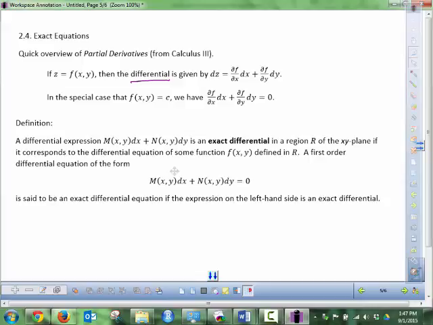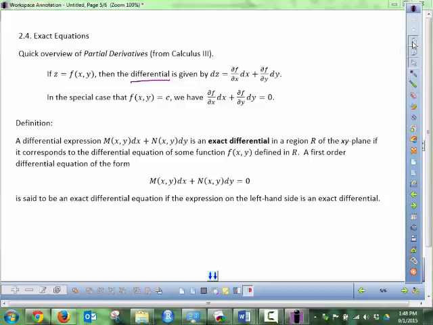Okay, so there's another piece of information though that's important, in that in order to try to solve for this, we need more information about the two functions M and N. And so that's going to come in a theorem.